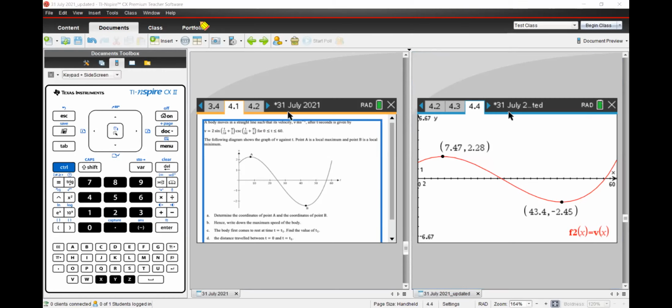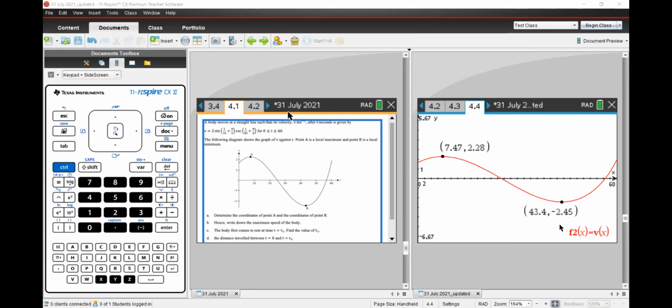Yes, Shraddha mentioned negative 2.45. It may look negative, but remember that negative is just the direction here. Absolutely, negative is the direction. It suddenly changes its direction from positive to negative, so that is why it says minus 2.45, but the speed would be maximum at minus 2.45.